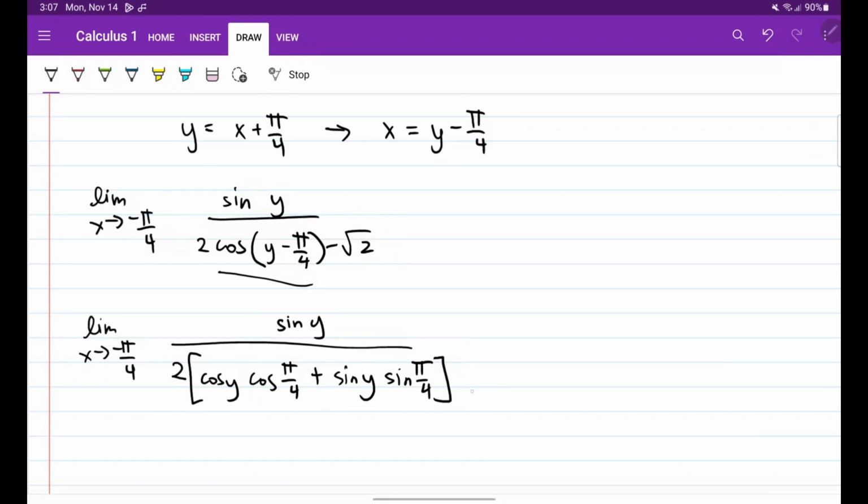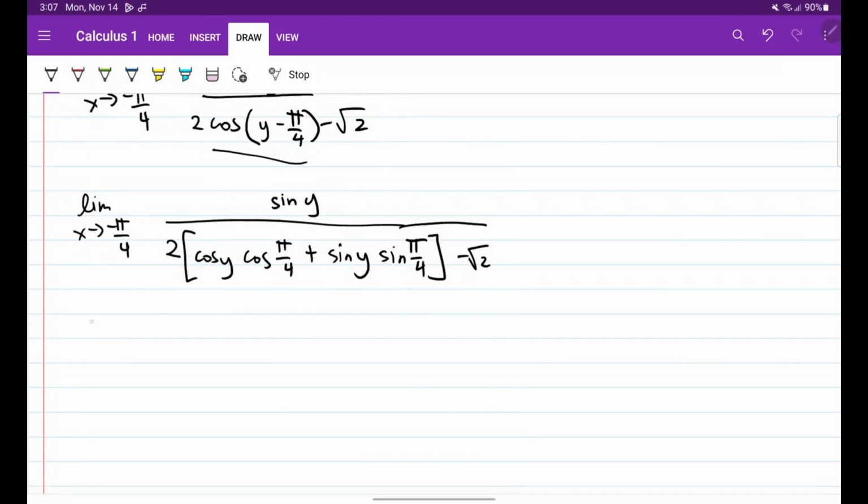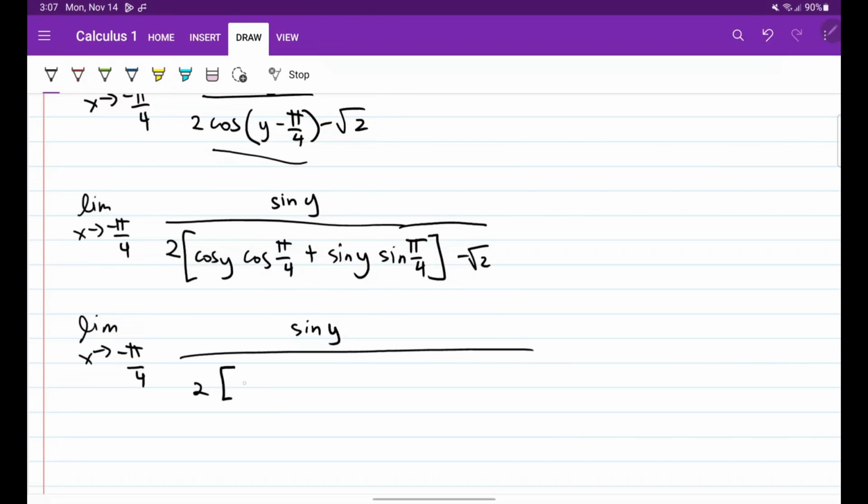Okay? And then, minus square root of 2. So, simplify lang natin. We have limit x approaches negative pi over 4 ng sin y all over 2 cosine y square root of 2 over 2, tama, plus sin y times square root of 2 over 2, close bracket, negative square root of 2.